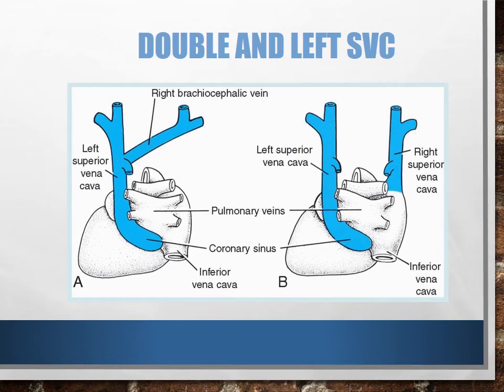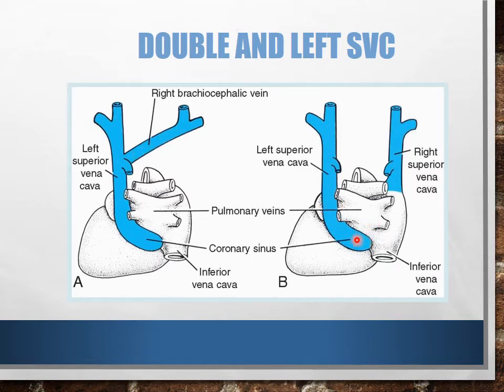Along with that there is an absent brachiocephalic vein. You can see here that this one is giving rise to the left superior vena cava because of persistence of the left anterior cardinal vein, and it drains into the coronary sinus. And right sided venous blood is drained through this right brachiocephalic vein.